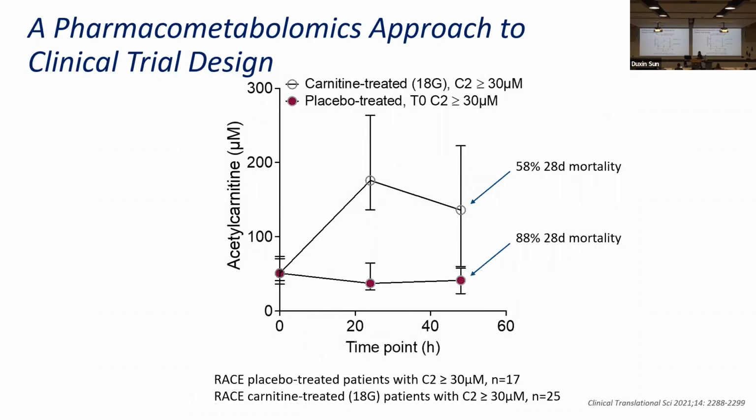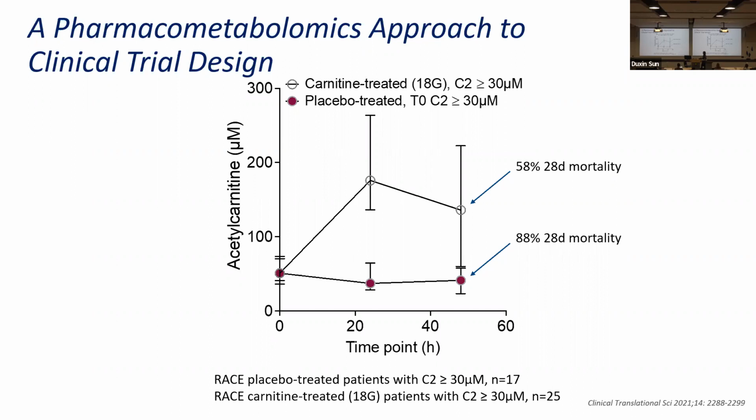So just for exercise, we went back and said, what happens if we'd done the RACE trial this way? What would it have looked like? So this is the acetylcarnitine concentration. This is patients who were randomized to either carnitine or placebo. At time 0, they had an acetylcarnitine concentration of at least 30 micromolar.